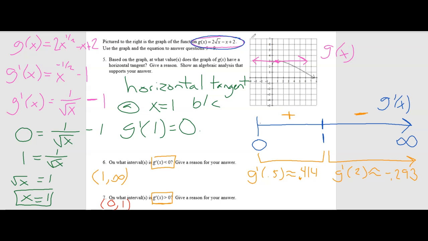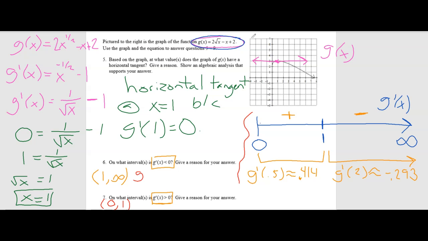Your work right here would show the AP reader or whoever is grading your test that you understand how to figure out where g prime was less than or greater than 0. Again, I think I would also write down what this means about g of x.